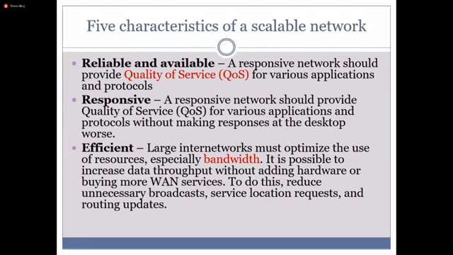So when we talk about the reliable and available characteristics, a responsive network should provide quality of service for various applications and protocols. So quality of service means it controls traffic and ensure the performance of critical applications with limited network capacity. It depends on what.